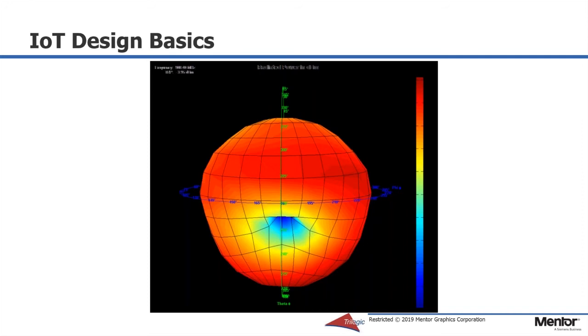So here's a representation of a far field simulation graphic for an isotropic antenna radiation pattern. And an isotropic antenna is like the type that's on your automobile, just a wire sticking up with a ground plane under it. So notice the holes or nulls, as they're called, right here.